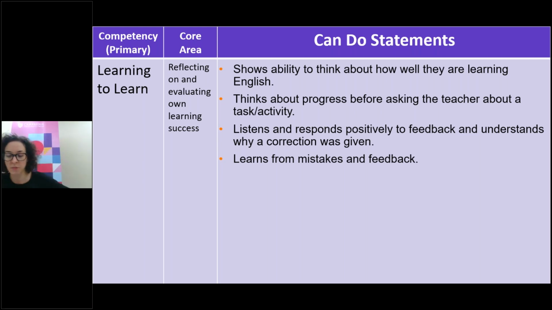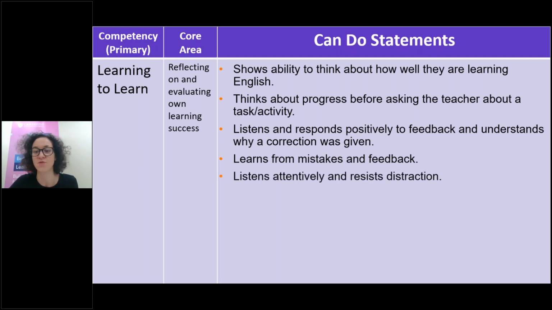Because for now, I work mostly with adult students whose attitude to a mistake is really negative, and the learning process is not the exam process. It's important for us as teachers to reconcile that, and it's important for students to build this understanding that a mistake is good, because it gives us a chance to learn how not to do it next time.